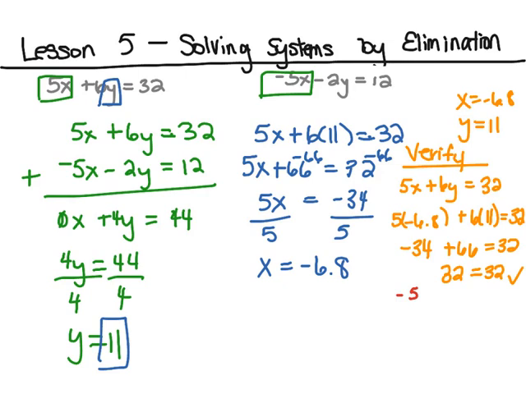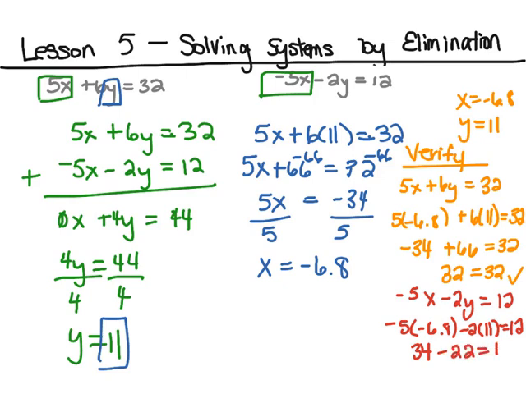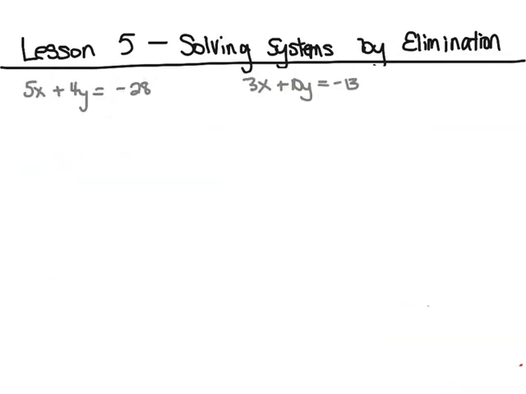Then we have negative 5x minus 2y equals 12. So negative 5 times negative 6.8 minus 2 times 11 equals 12. Now we have positive 34 minus 22 is equal to 12, and 12 is equal to 12. So the right side and the left side work. So our solution is x equals negative 6.8, y equals 11.